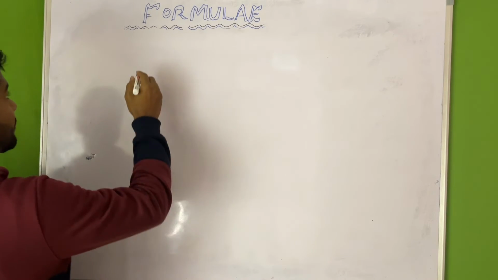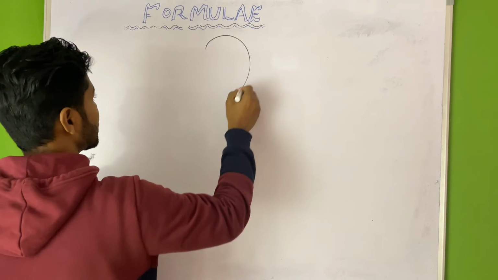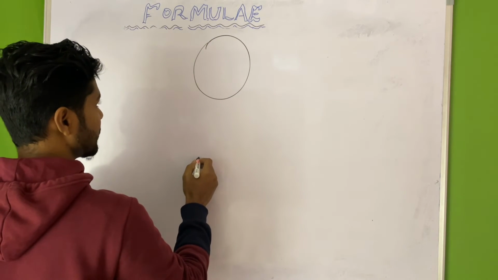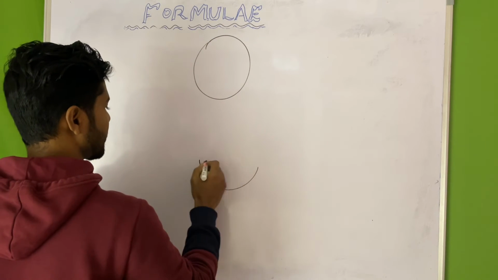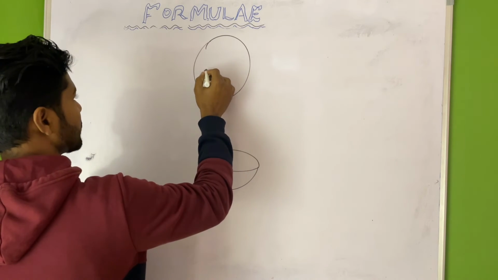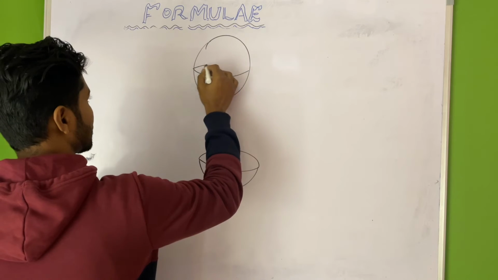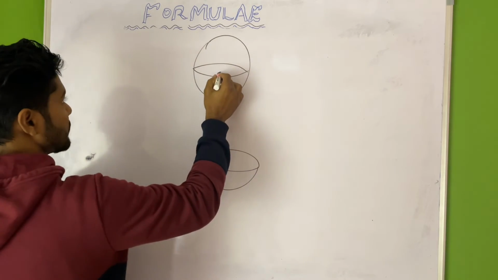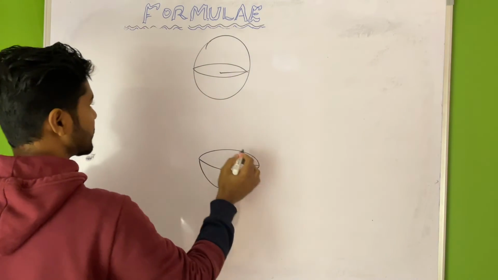Then we have sphere, then hemisphere. This is radius, this is radius.